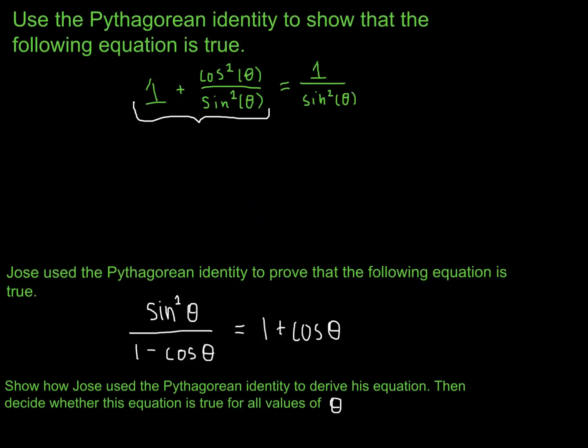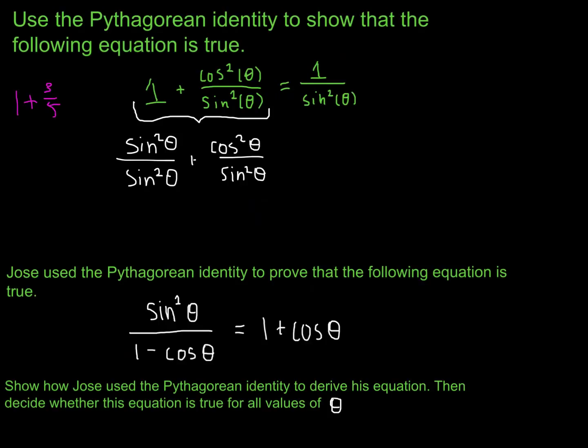So I'll add these together, and 1 is just sine squared theta over sine squared theta plus cosine squared theta over sine squared theta. Right? And how would I add these two together? Let me give you an analogous example. Imagine you were doing 1 plus 3/5.